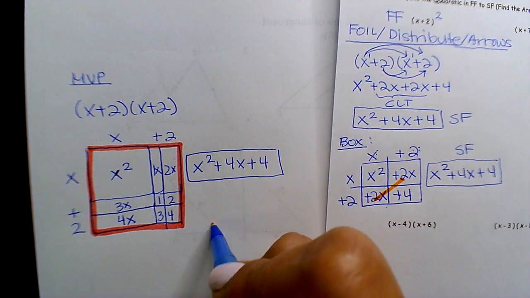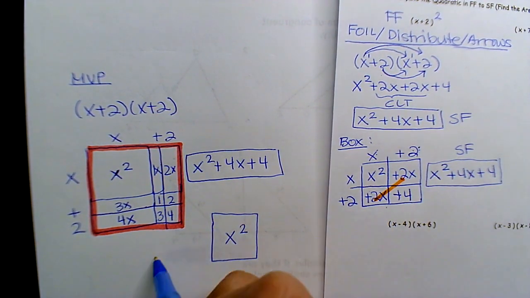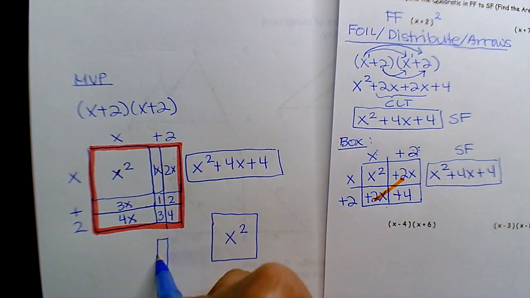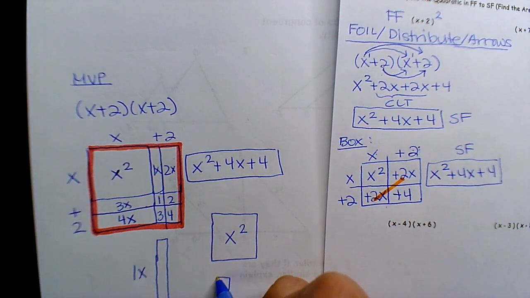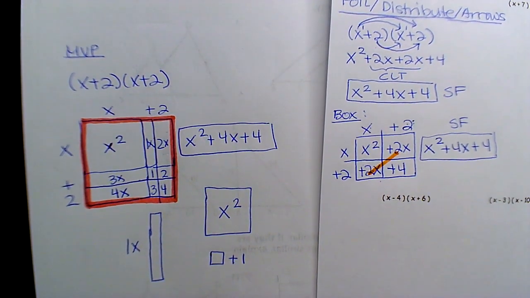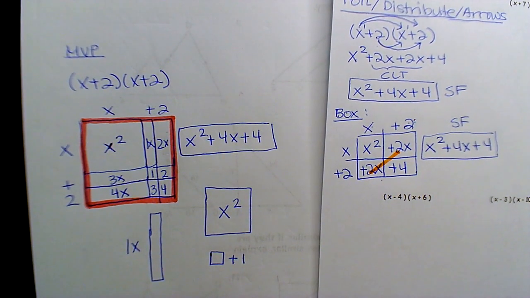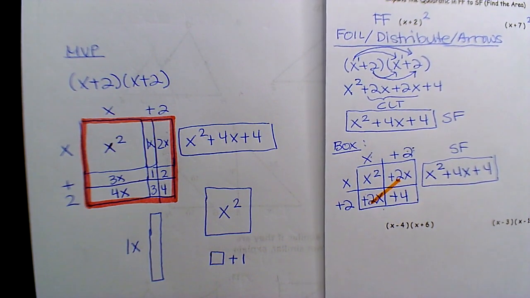Your big squares, like we went over 2 days ago, are your x squared. Your rectangles are your 1x, so you keep adding them up. And then your itty bitty little squares are your constants, your integers.